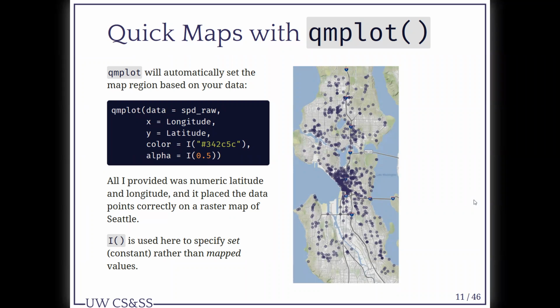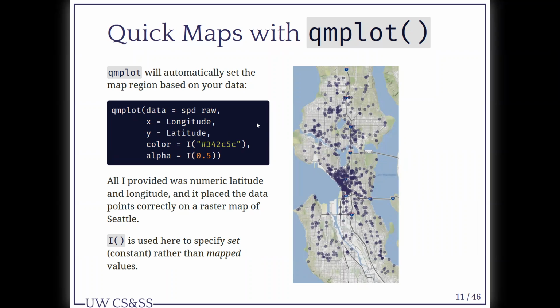Note that it only kind of works the way that ggplot works. So you can say x equals longitude, but it's not an aesthetic call. It's just kind of free floating as an argument here in the quick map plot function.